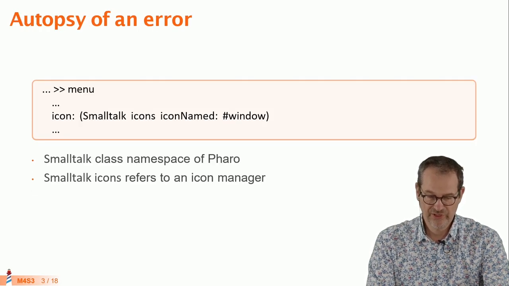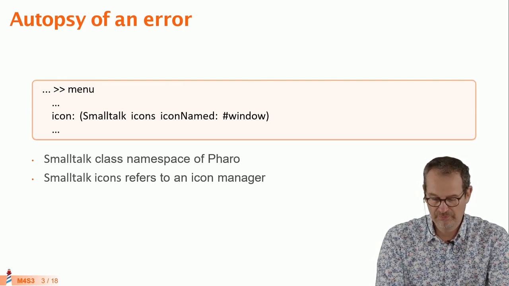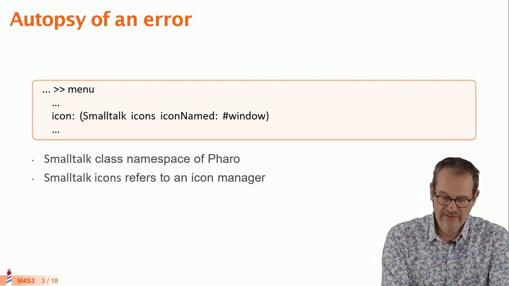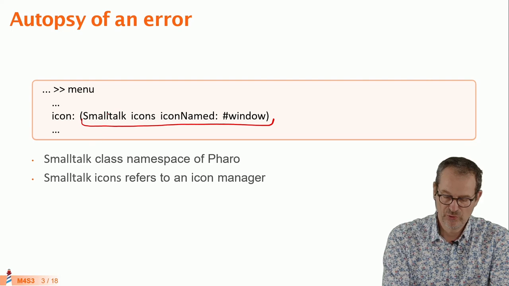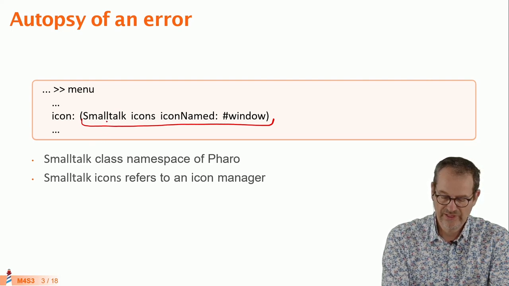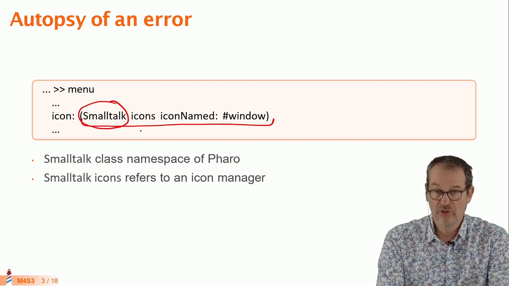So this is what I call the autopsy of an error. In Pharo code, in the past, we often had this expression, Smalltalk icons, things like that. So let me explain what it is. Smalltalk is a global variable that is a namespace that contains all the classes of Smalltalk and also some globals that point to some objects.